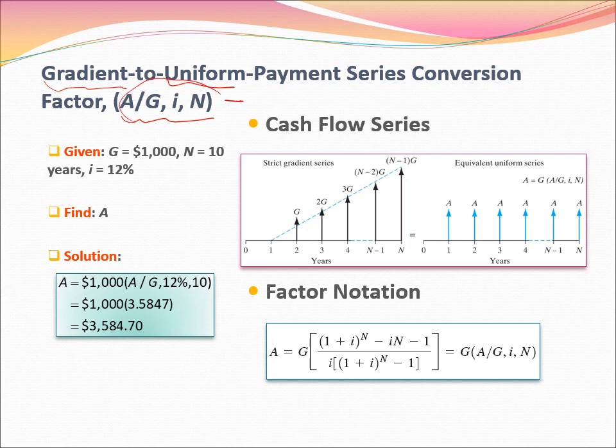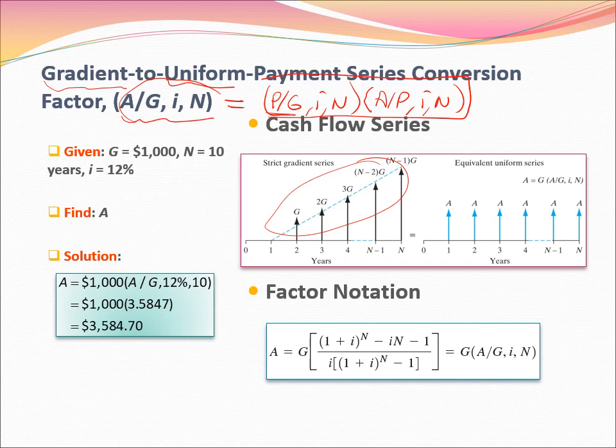First we can find the present value of a gradient series using this factor. So by this factor, if we have such a gradient payment series, we convert it to the present, and if we multiply this present value by this factor A given P, i and n, this multiplication actually gives us this value.